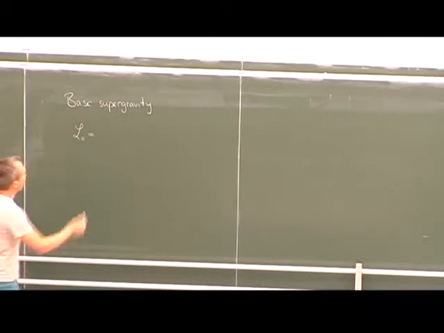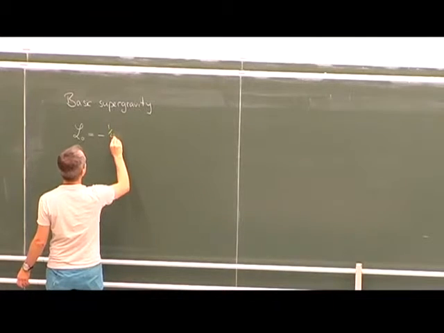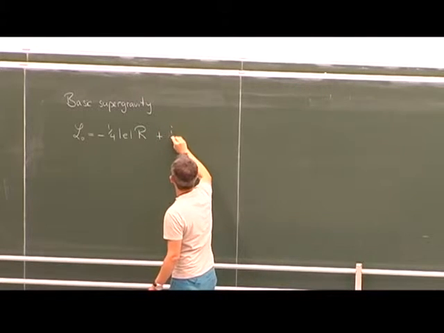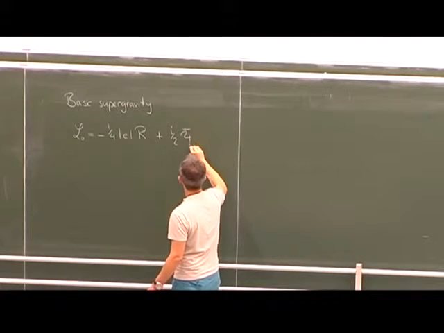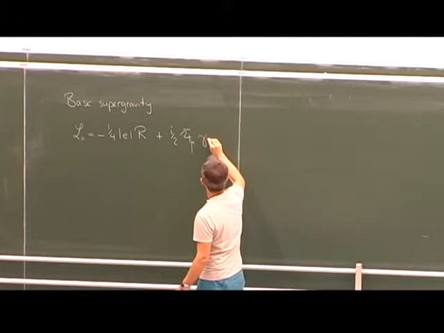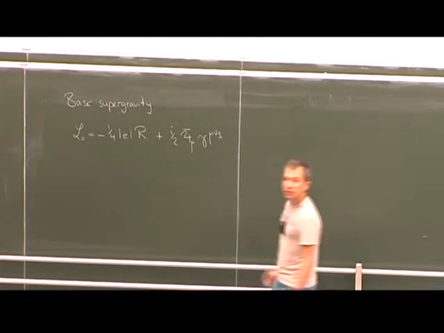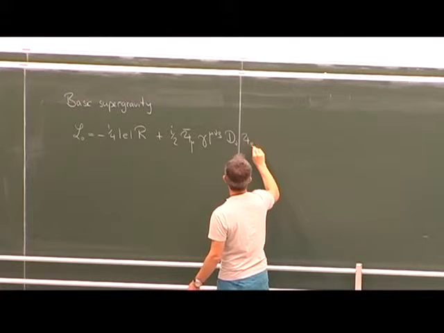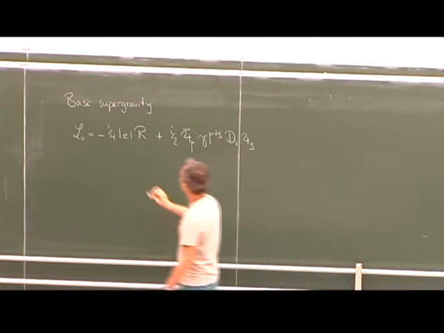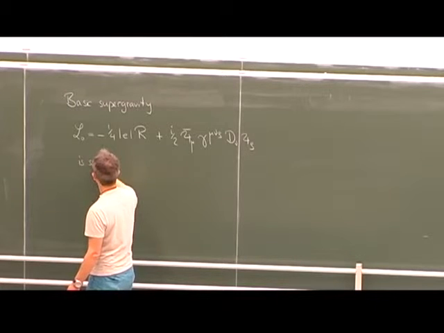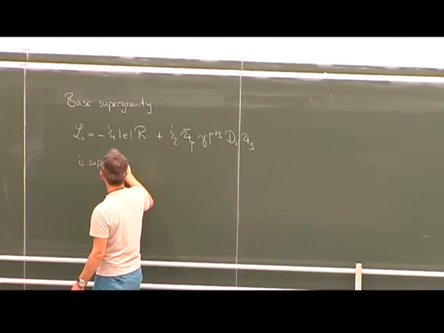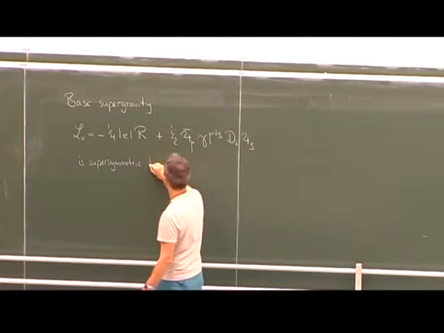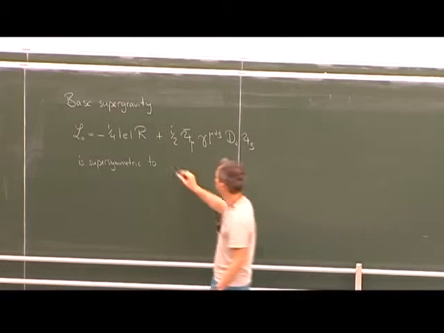So what we showed was that the following Lagrangian, which is an extension of Einstein-Hilbert by some spinorial coupling to this spin 3/2 field, d nu psi rho, is supersymmetric to lowest order in the fermions with the transformation laws which I gave you.